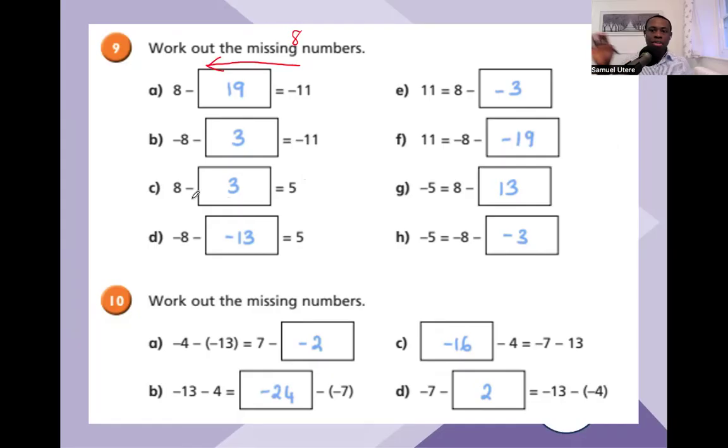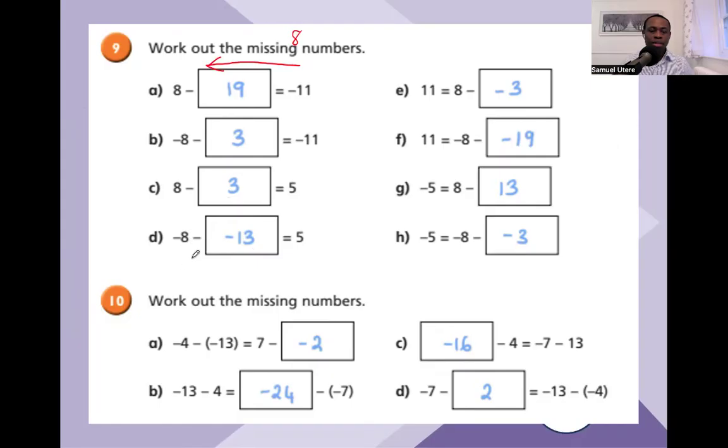Remember, the further right you are on the number line, the greater the number. So if from 8 your result is 5, it means you must have moved to the left, which decreases your number. Here you have negative 8, and then your result becomes 5.